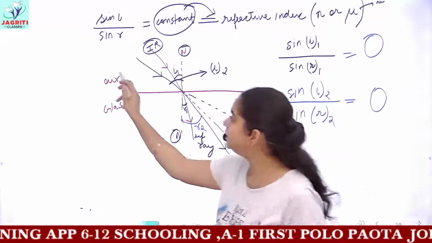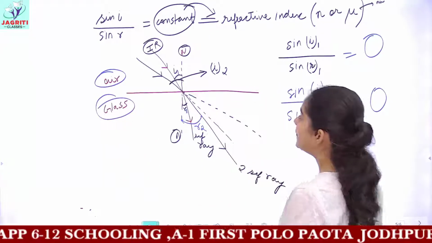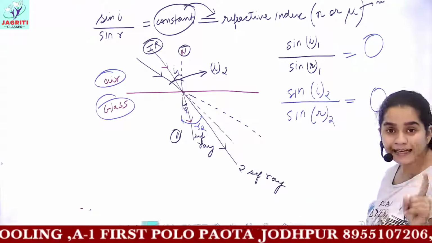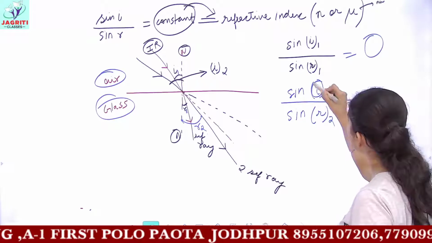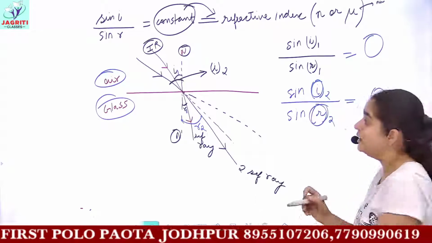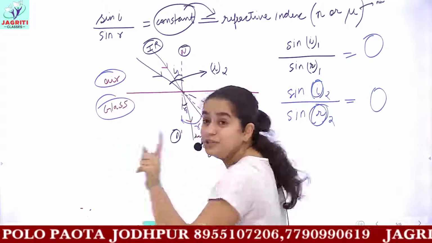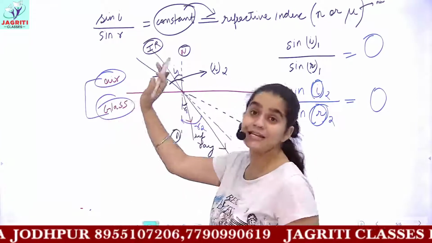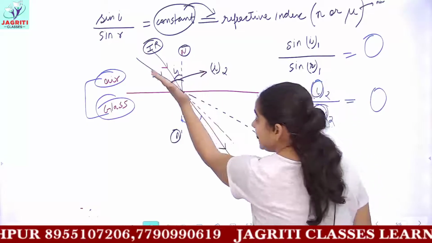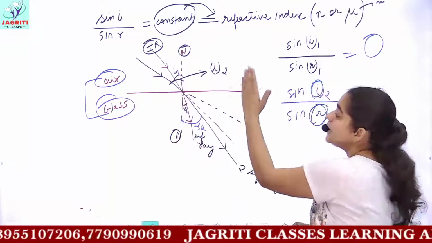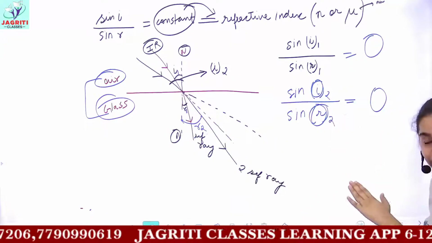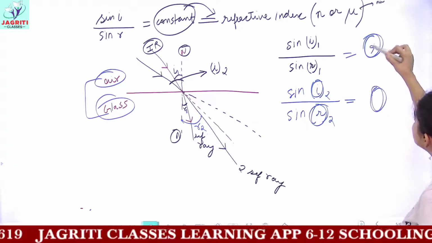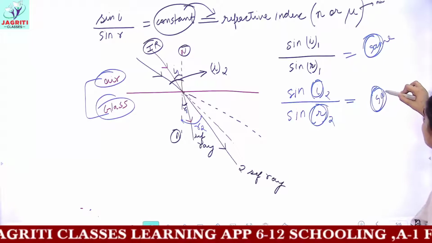See, I kept the medium air and glass while I was doing my first experiment. Also while performing the second experiment, I only changed the angle of incidence and the angle of refraction. I did not change the pair of medium. So when the pair of medium is the same and you change the angle of incidence, the angle of refraction gets changed, but the ratio you obtain in both cases comes out the same.